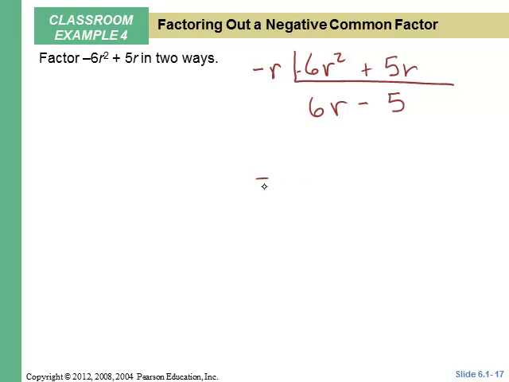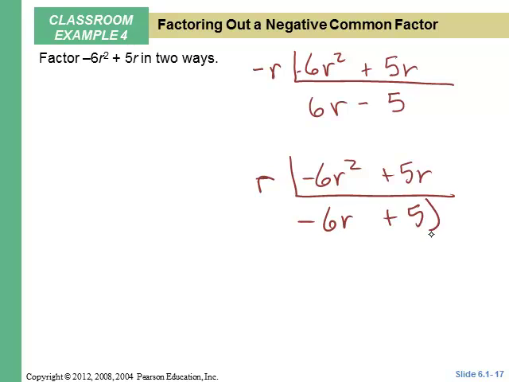Or we could factor out a positive r out of negative 6r squared plus 5r, and we're left with negative 6r plus 5. Both of these factored forms are correct. You just have to determine which way the negative sign is going to go.